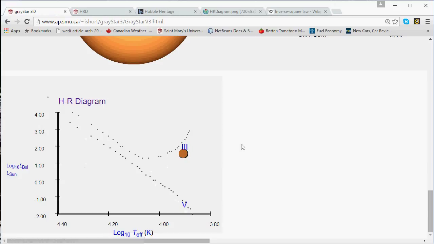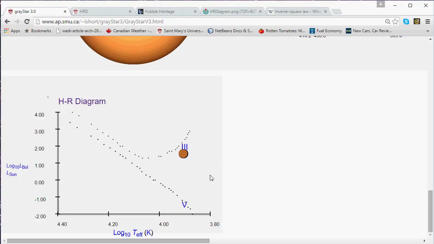Now this diagram does not include the supergiants, luminosity class 1. They're up here somewhere off the top of the diagram. That's because those objects are very difficult to simulate. They're not very stable, and we cannot simulate them with grayStar 3. So with grayStar 3, we're just going to be confined to simulating stars that are in the vicinity of the dwarfs and the giants.